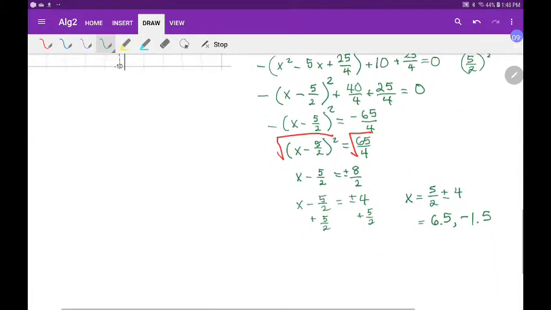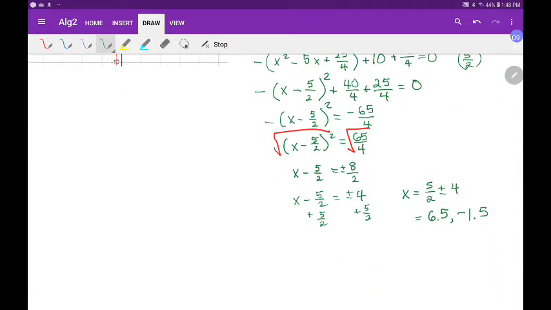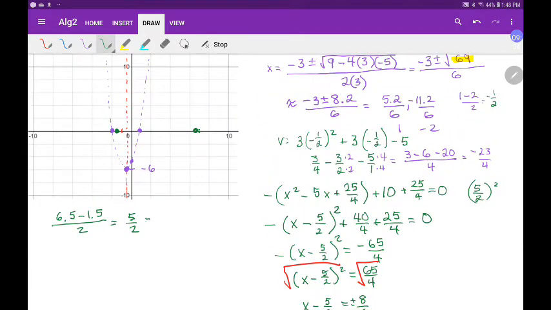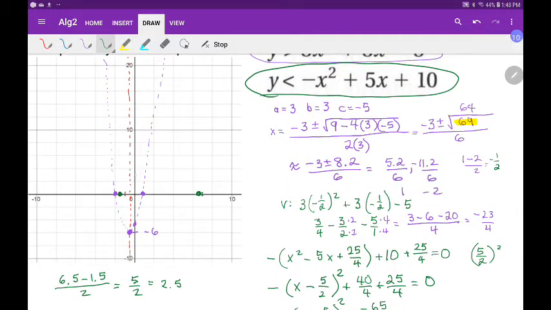And if I add those together, I get 6.5 minus 1.5. I know I said I'm adding, but one of them's negative, so that's going to get me down to 5, so 5.5, and it's positive 5.5, so that's the same thing as 2.5, right? So this one, if that's 3, then this is 2.5.